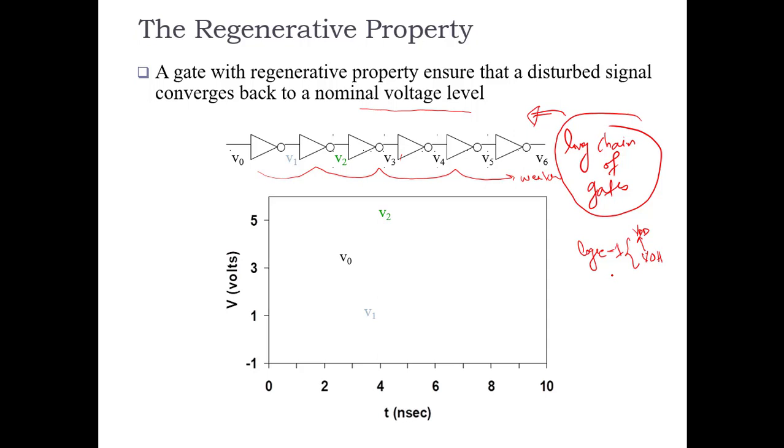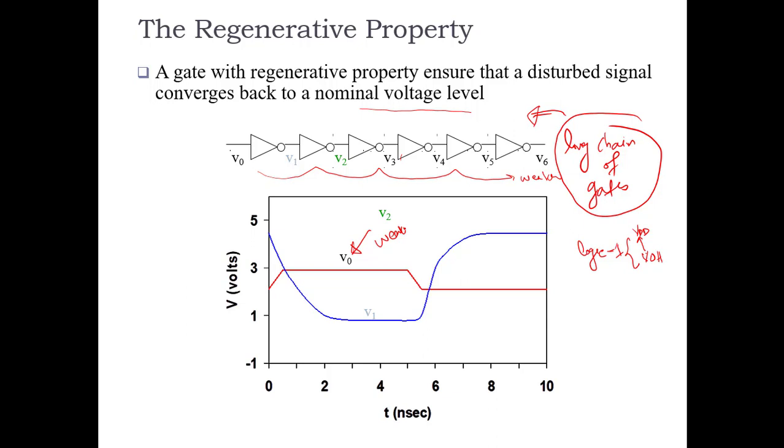For example, consider that we have V1, V0. This is the signal coming from a previous stage. It is weaker. When it gets passed through, you see it is enhanced. The logic levels are enhanced.